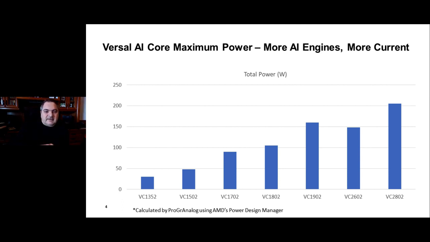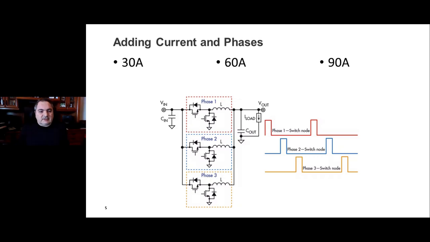This is the next slide, I call it the more power Igor slide really. Basically, we need more current going into these devices to meet the requirements of the computation that's going to happen through the digital logic and of course the transceiver logic.